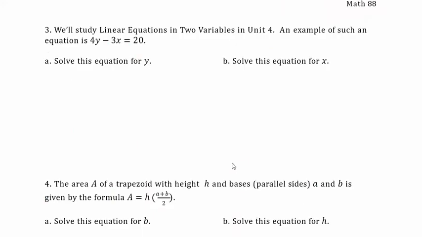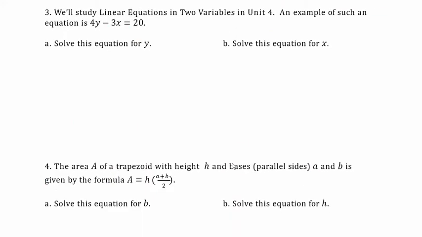The next problem is a little more like most of the problems that we'll be doing as far as solving for a variable. In Unit 4, we're going to be talking about linear equations. One such example of a linear equation is 4y minus 3x equals 20. It's not important right now if you understand what linear equation means.